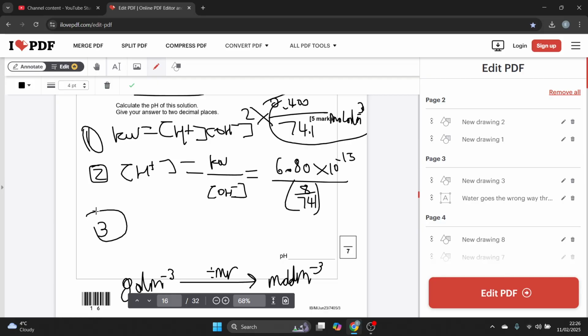Then I use pH equals minus log 10 of the concentration of H plus.